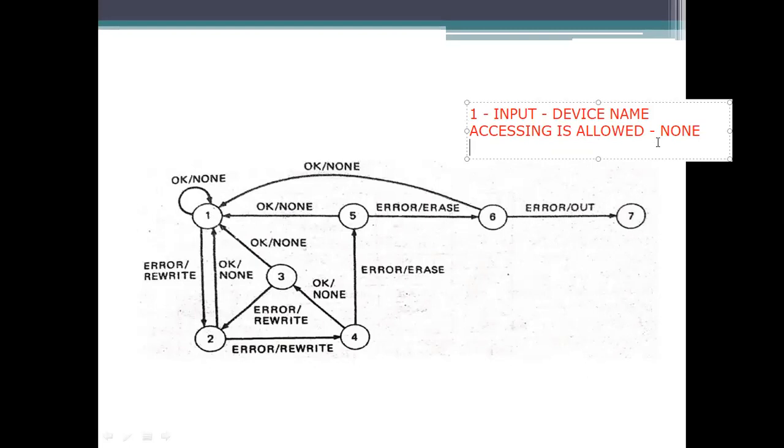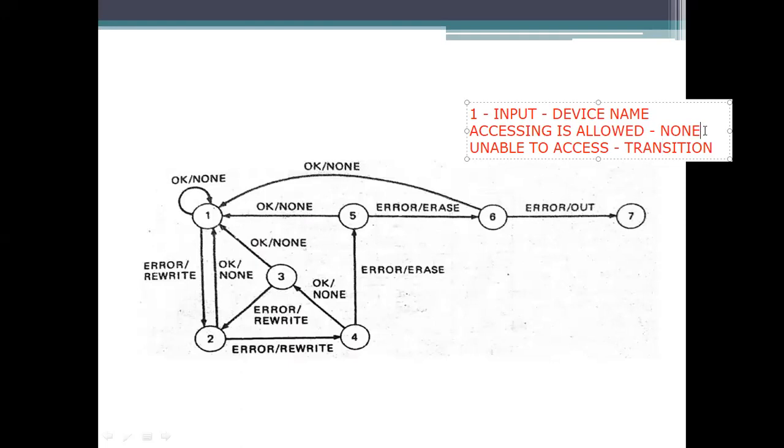If not, it means you have a problem here, it is unable to access. Unable to access means there we need to specify a transition. Now, transition has to be done here.